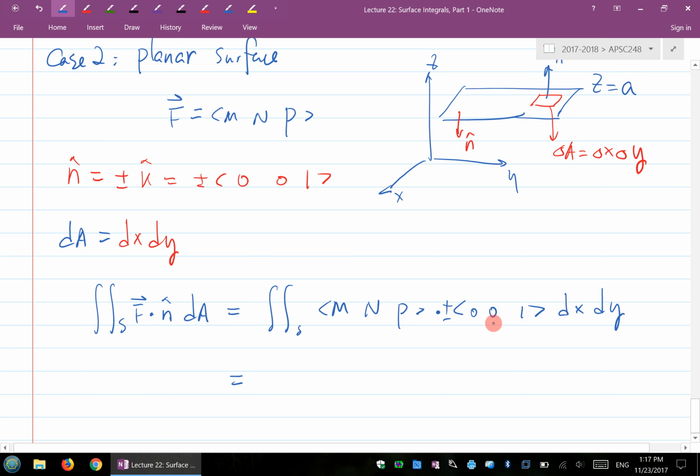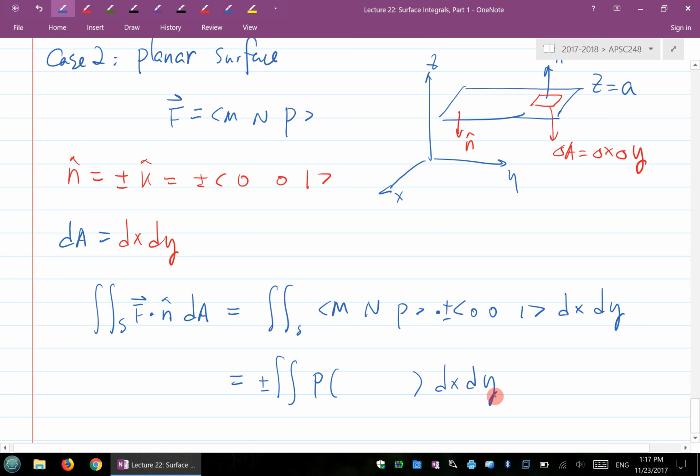So you can replace a lot of things now, but because 0 times M is 0, and 0 times N is 0, you just get P, let's put a positive here. That's just the P function, and then dx dy.